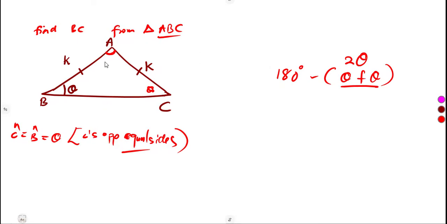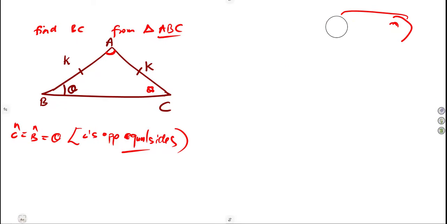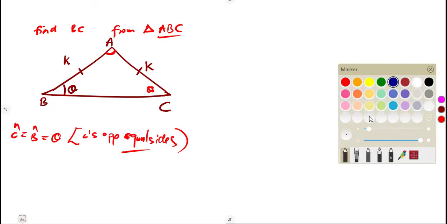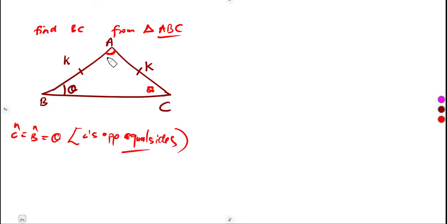Or we can consider that one this way: the angle at A is 180 degrees minus 2 theta. Then you can use your cosine rule, which is fine. Another way that you can use, this one was going to work in a proper way. Let me show you another way which maybe most of you guys can easily relate to. Let's say you take the angle that is at A. Remember the properties of an isosceles triangle.